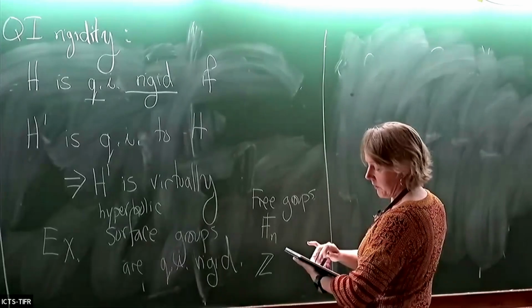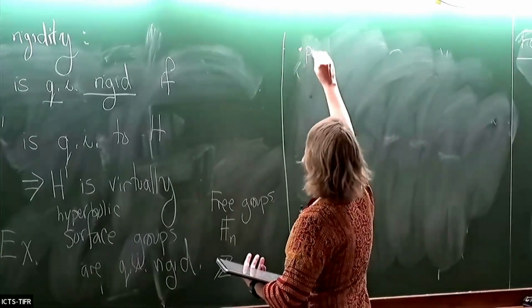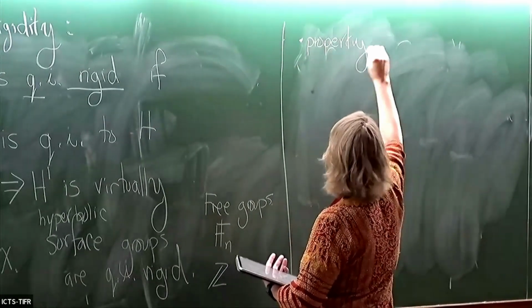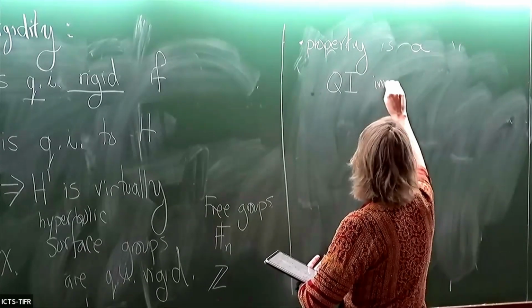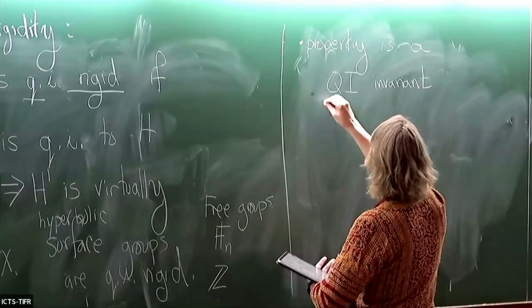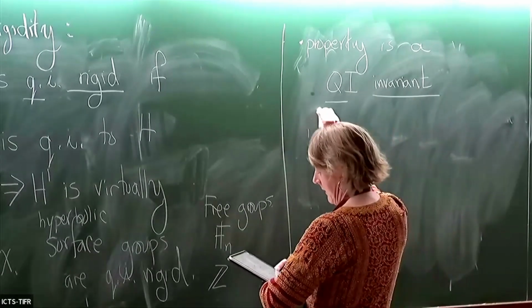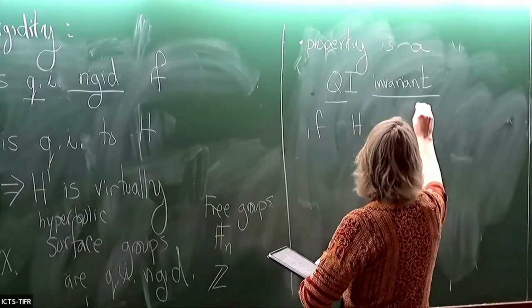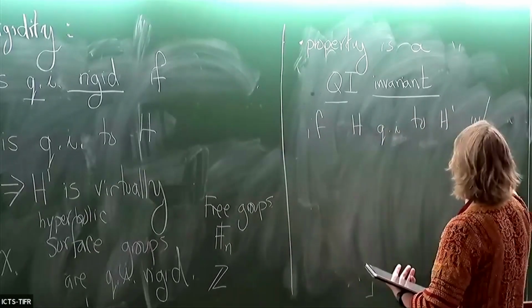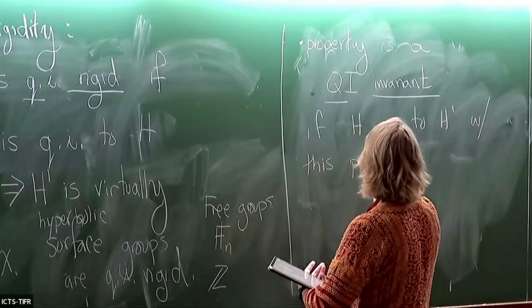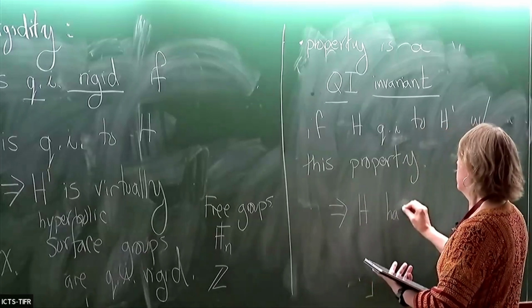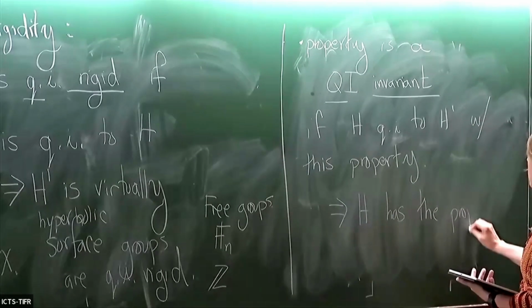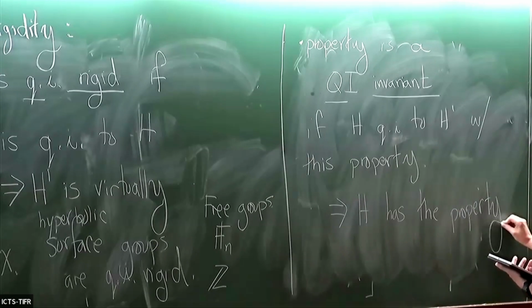Okay, so a class is QI rigid if a property is a QI invariant, if H is QI to H prime with the said property implies that H has the property. Okay, so I just want to define that.